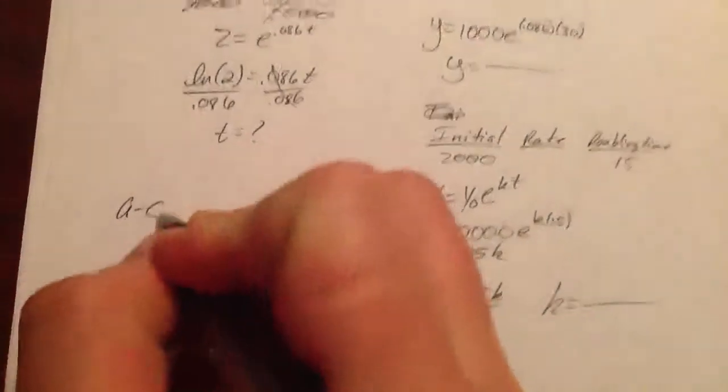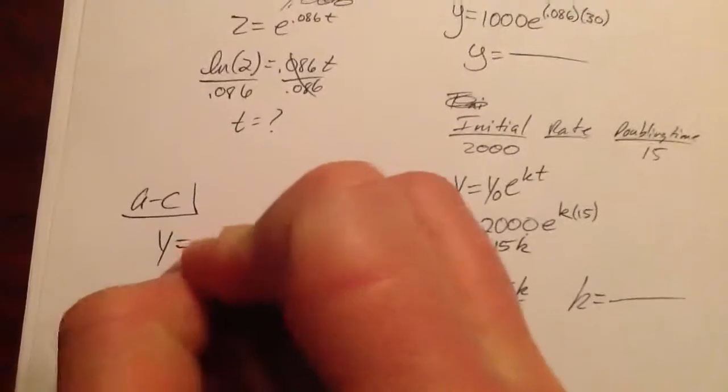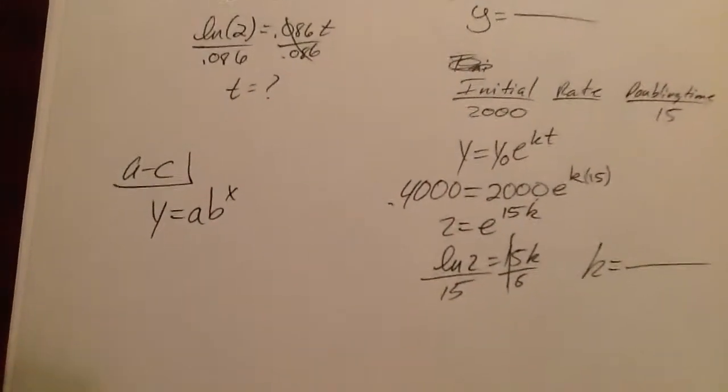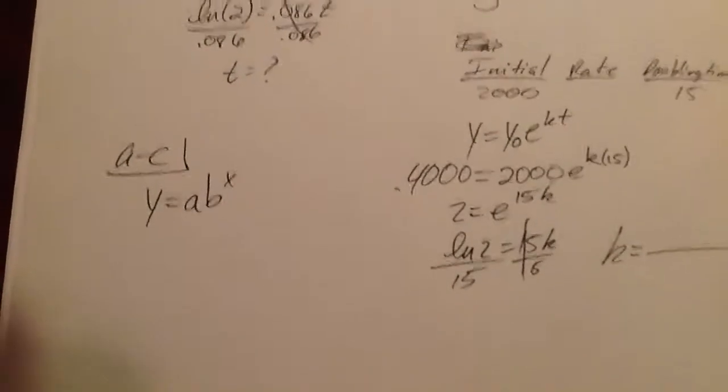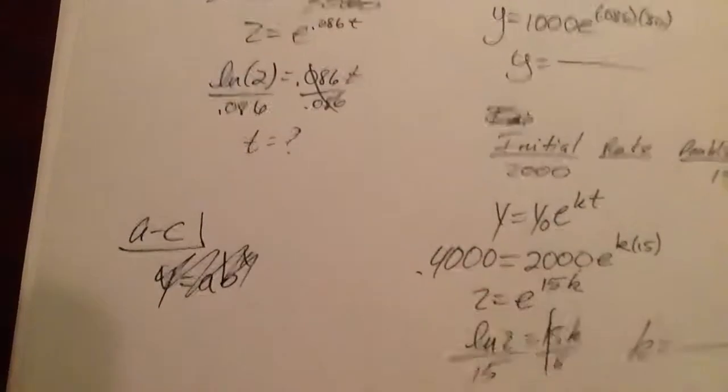For A through C, when it's compounded annually, monthly, quarterly, you're going to use just like a b to the x, if you remember how to do that from Algebra 2. You don't have to, I guess. You know what, just forget about that. Just use whatever you want.